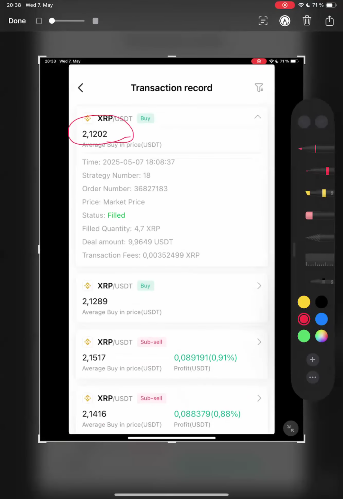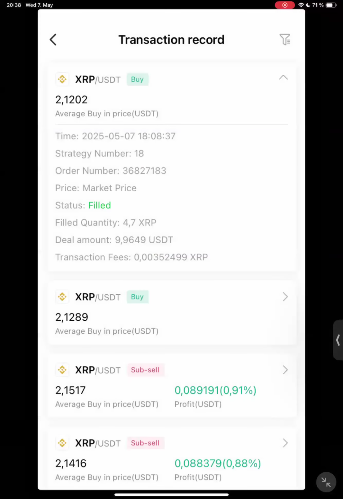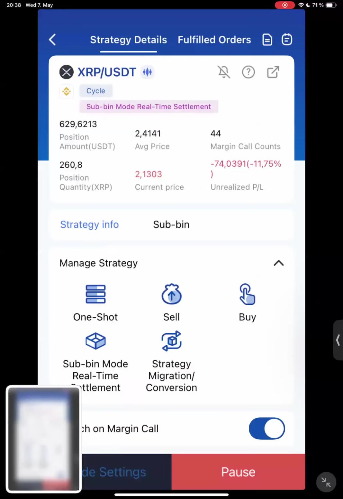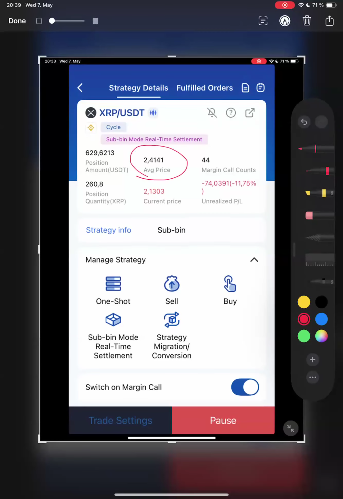So this is 2.1202. It's not the same as 2.4. Can you see that? The 2.102 is for the 44th call. I hope that is clear. All right.